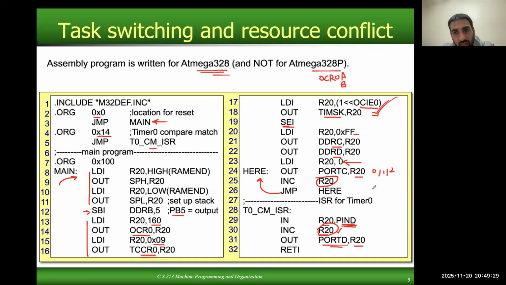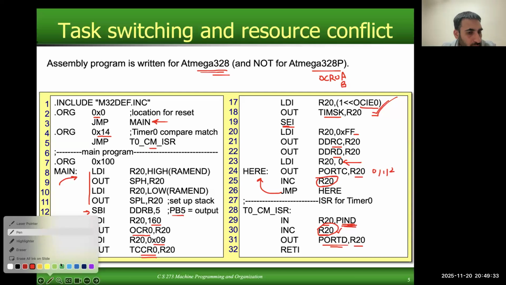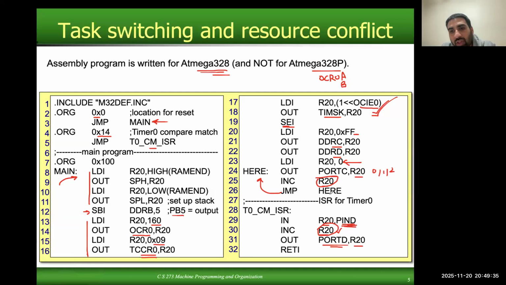Because for example, let's say we were running this, we were here at this time point, and let's say R20 was 2, right?